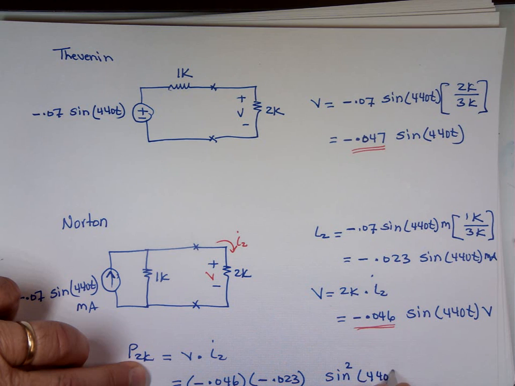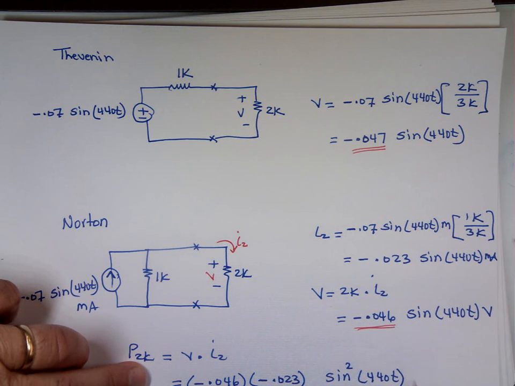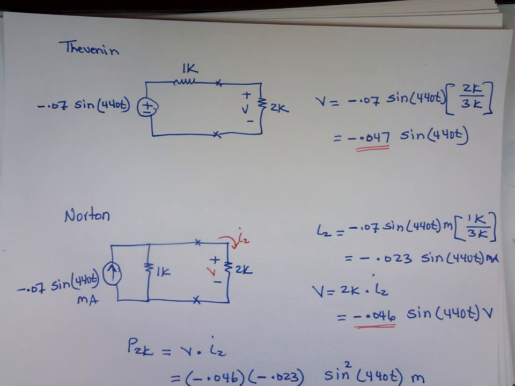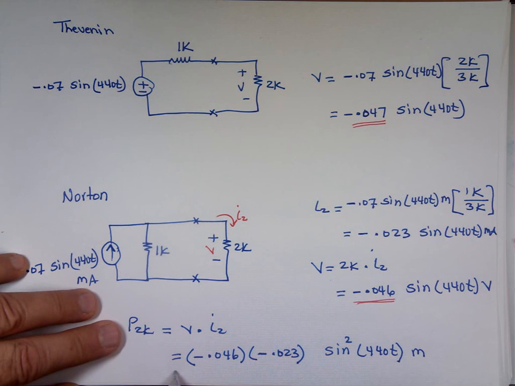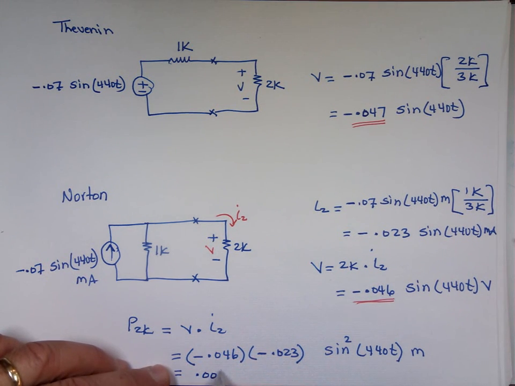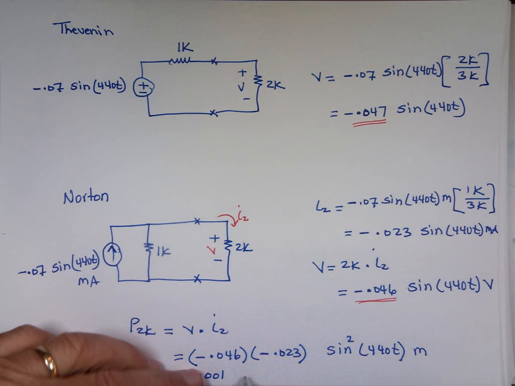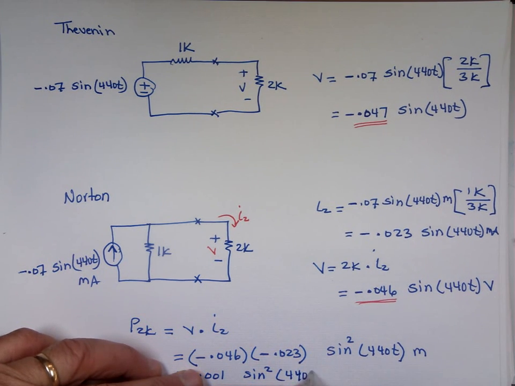One is milli, one is not, so there's a milli. What's a negative times a negative? Is it positive? 0.046 times 0.023, 0.001. Positive, means absorbed, that's taken, sine squared 440t milliwatts.